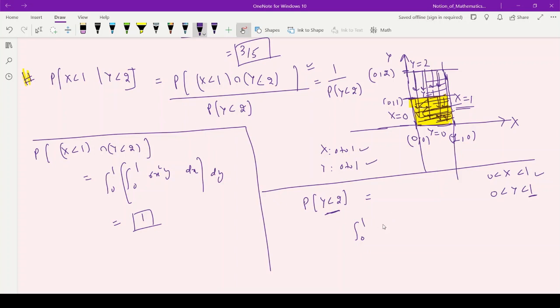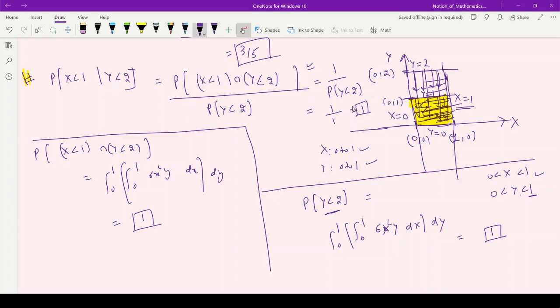So I will write 6x square y dx, and the limit of y is also 0 to 1, and this will also be 1. So I can define it like 1 upon 1, ultimately it is equal to 1.